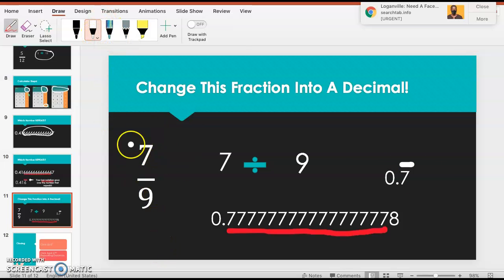So if you're turning 7 over 9 into a decimal, you would simply divide 7 by 9, and then you would turn it into a bar notation. You would just do 0 point and then find the number that repeats itself, 7, and make sure the bar's on top. And that's how you'll be getting your answer today.